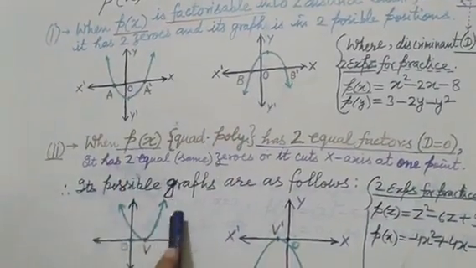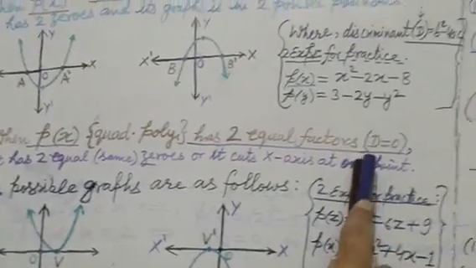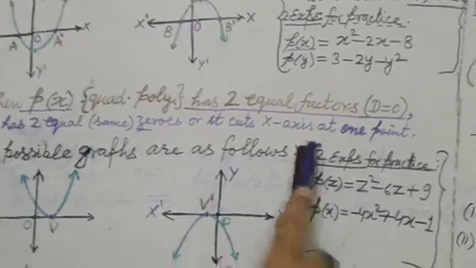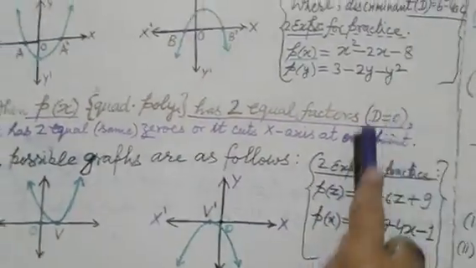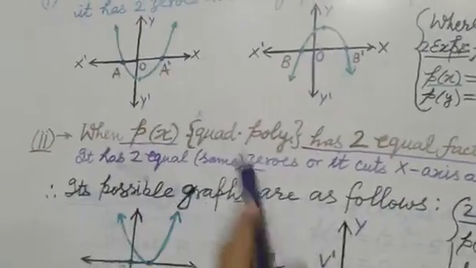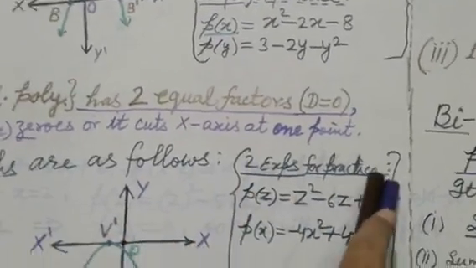Now case 2, where the quadratic polynomial p(x) has two equal factors or two equal zeros. In this, the condition is that the discriminant is equal to 0. So it has two equal or same zeros, or it cuts the x-axis at one point. Got it?